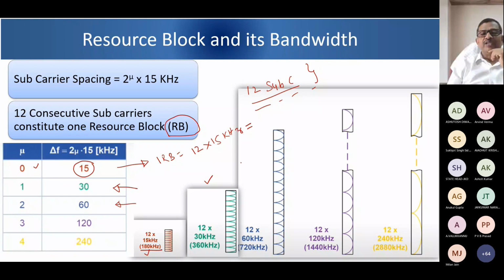So 720, and then numerology 3 and 4 you can calculate, just double it: 1440 kilohertz and 2880 kilohertz. I hope this concept is clear to all of you, that the bandwidth of an RB doubles when we move from one numerology to the next. I hope this concept is clear.